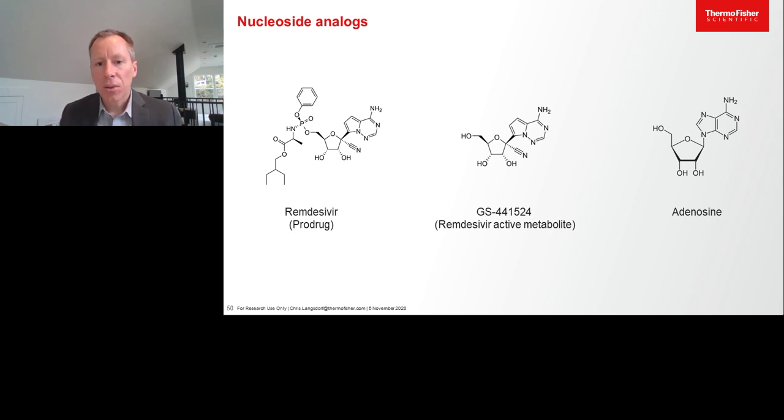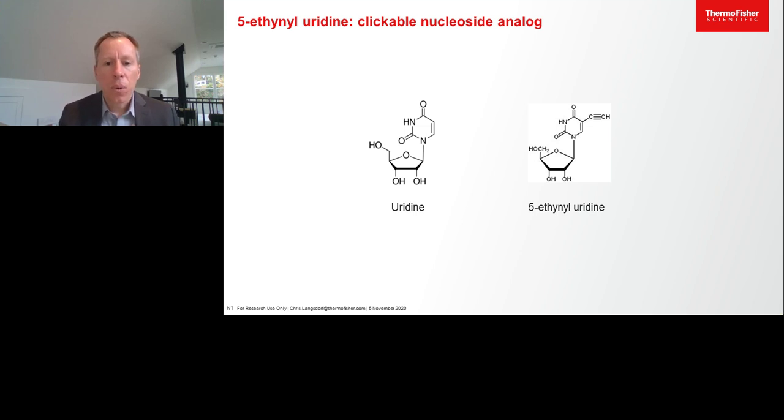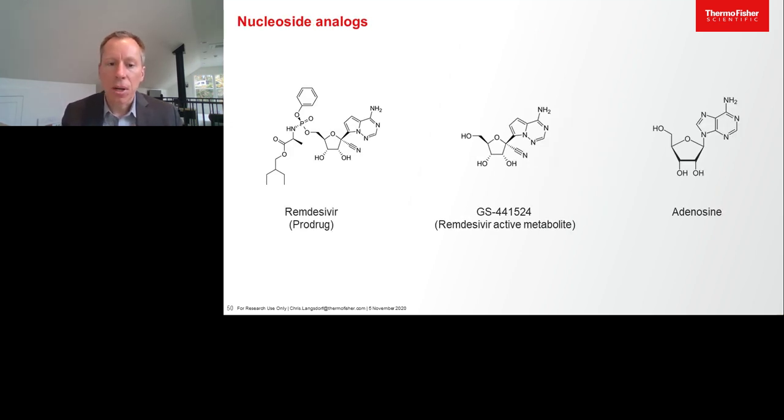This is not too different from the nucleoside adenosine, one of the four bases contained in DNA. I should call out that this active metabolite functions by, once 3 or 4 copies of it are incorporated into an elongating RNA template or transcript, it will interrupt that process and effectively block the formation of that nascent transcript.